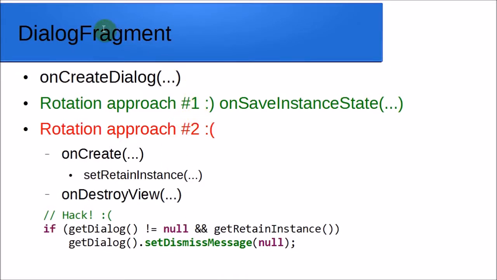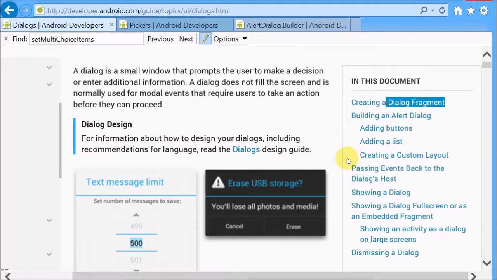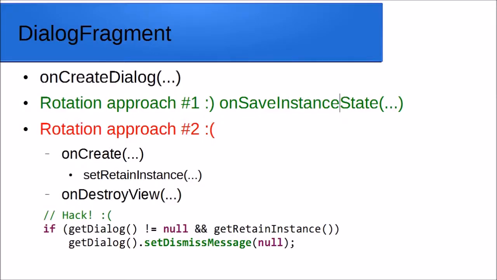The dialog fragment wraps around, you can use it to wrap around an alert dialog, to solve the rotation issue. And there's actually more than one approach. The approach that they use in this guide, I do agree that that's the way to go, but I'm going to showcase a different approach.